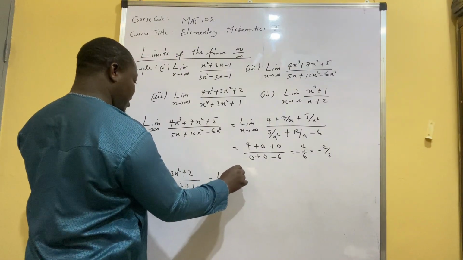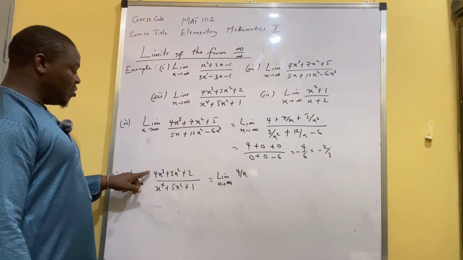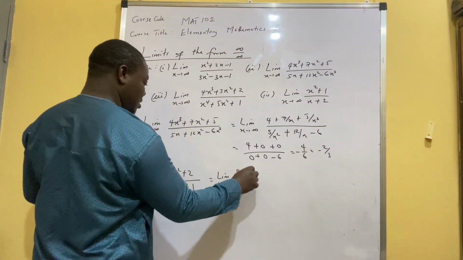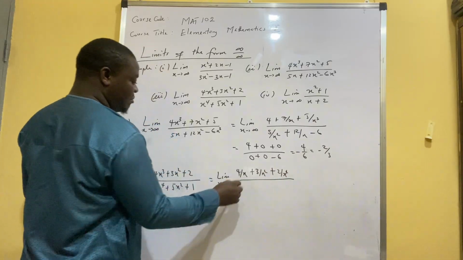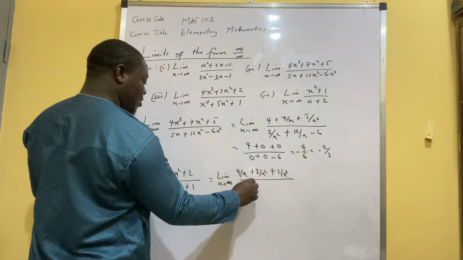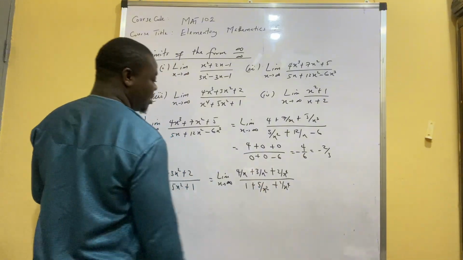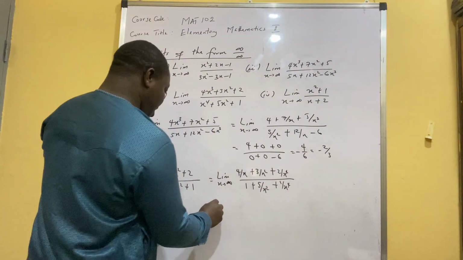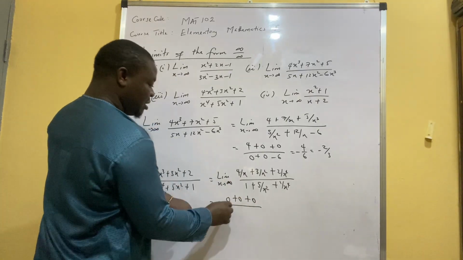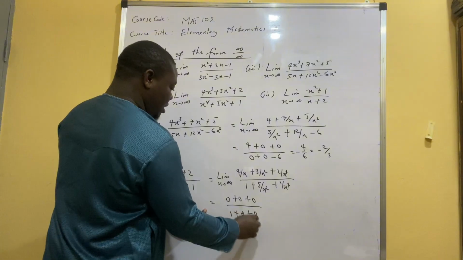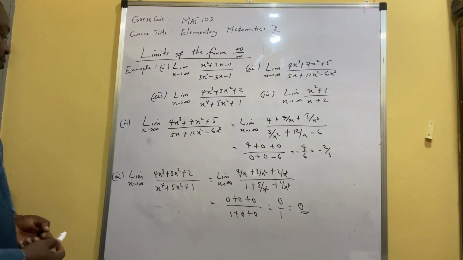Divide each term by that, so 4x cubed over x to the power 4 is 4 over x, plus 3 over x squared plus 2 over x to the power 4, divided by 1 plus 5 over x squared plus 1 over x to the power 4. Substituting infinity, you're going to have 0 plus 0 plus 0, divided by 1 plus 0 plus 0, and this will be 0 over 1, which is still 0. So the limit is 0.